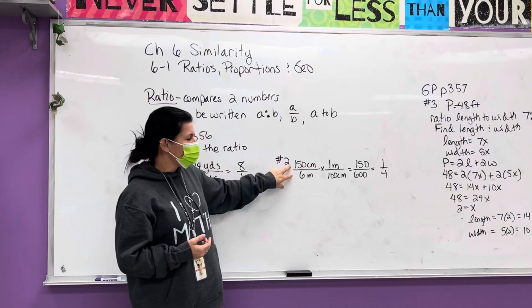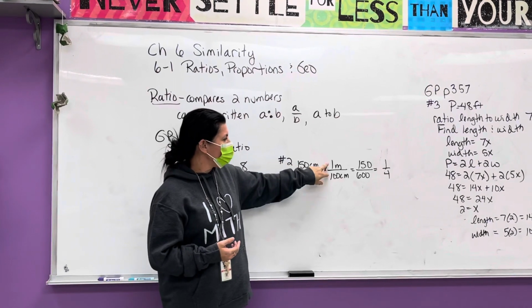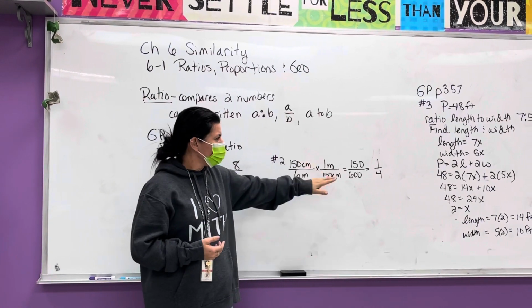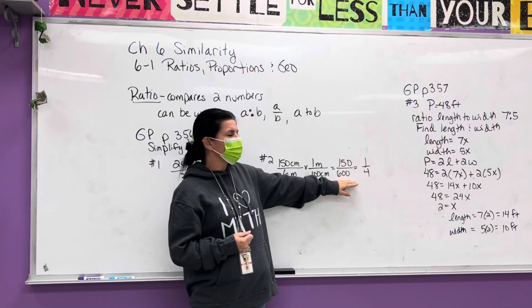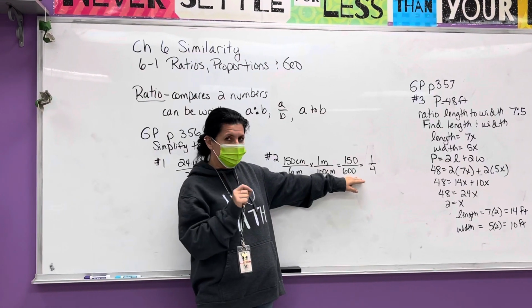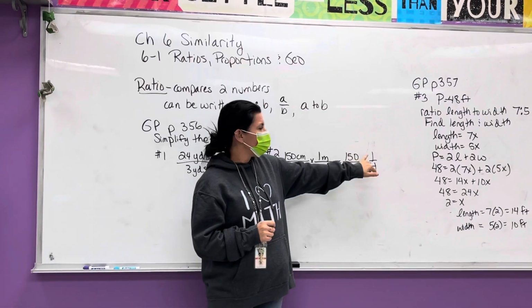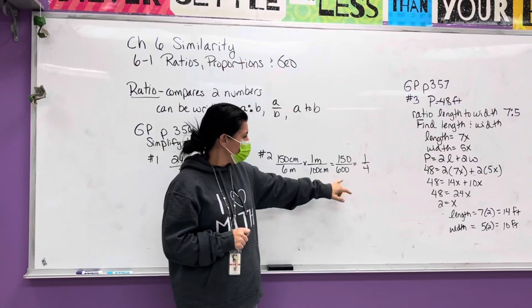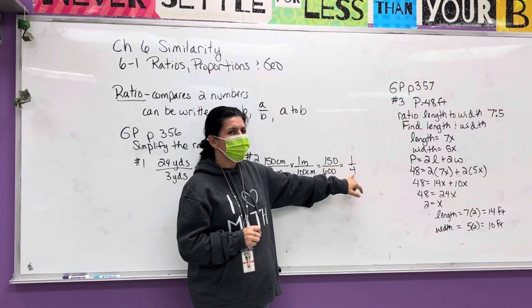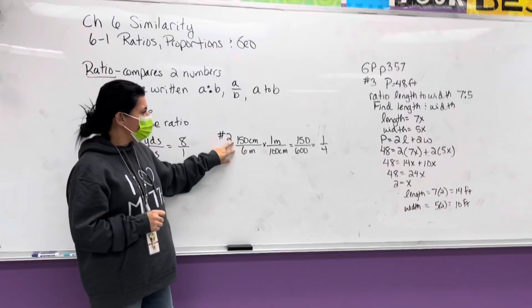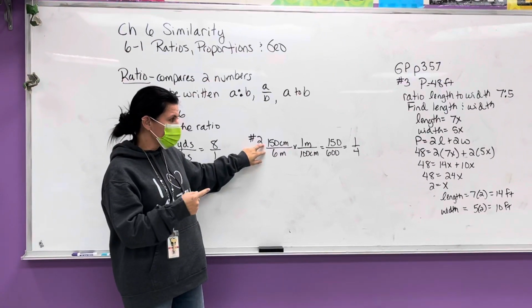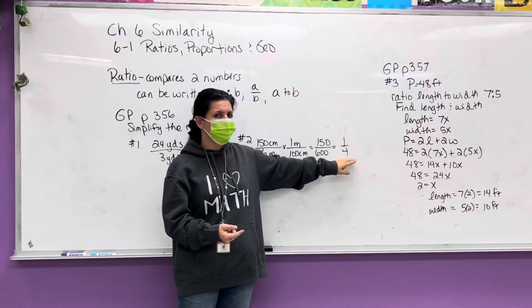So I took my given ratio, multiplied by the conversion rate, and got 150 over 600. They have the same unit. So now when I divide, 150 divided by 150 gives me 1. 600 divided by 150 gives me 4. So this given ratio after the conversion and simplifying becomes 1/4.